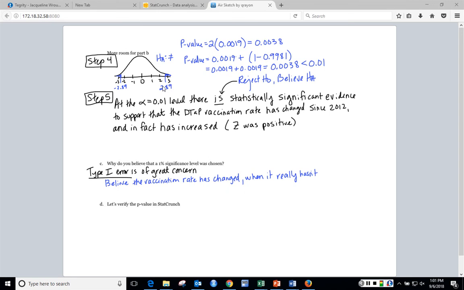Now, why would that be a very big deal here? Well, we're looking at the Affordable Care Act, and if you don't know much about it, people had pretty strong opinions about if it was a good thing or a bad thing. So if I believe the vaccination rate has changed, I'm either going to think that the Affordable Care Act is doing a great job because the vaccination rate has increased, and so our children are becoming immune, hopefully, to more of the different diseases out there. Or it could have also changed in the negative direction. So those people that are very much against the Affordable Care Act might just say, see how it's not working.